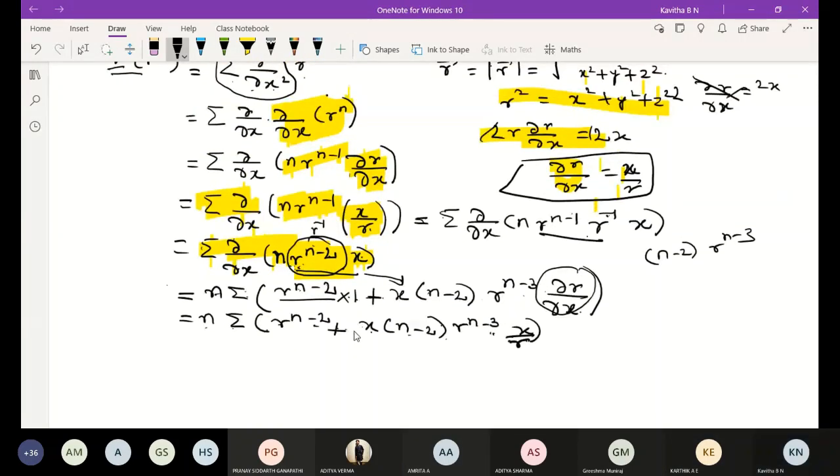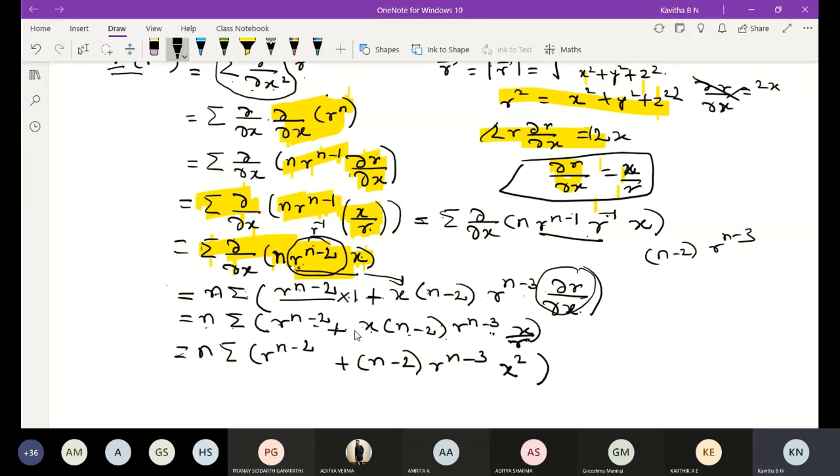Then write down here n into summation of r to the power of n minus 2 plus x into x square n minus 2 into r to the power of n minus 3, x into x is x square.